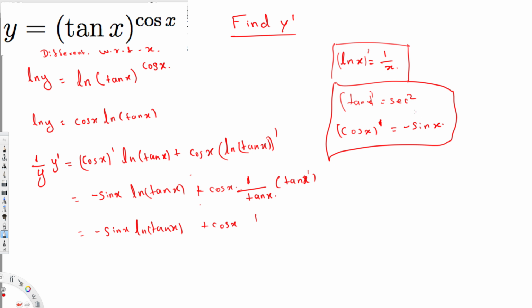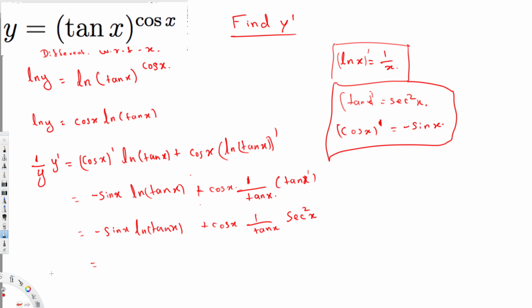The derivative of tan x, as I mentioned before, is sec square x. So 1 over tan x times sec square x. Our purpose is to find y prime.